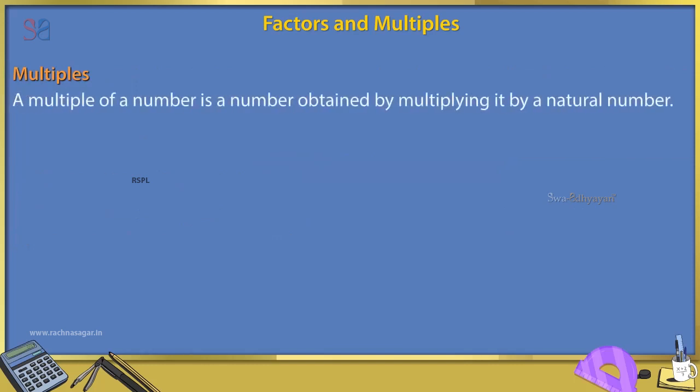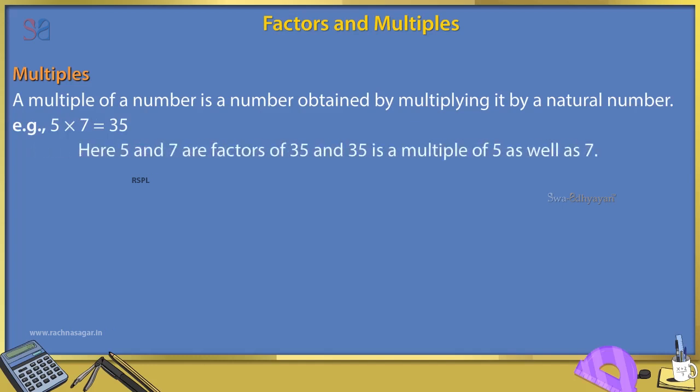Multiples. A multiple of a number is a number obtained by multiplying it by a natural number. Example, 5 multiplied by 7 is equal to 35. Here, 5 and 7 are factors of 35, and 35 is a multiple of 5 as well as 7.